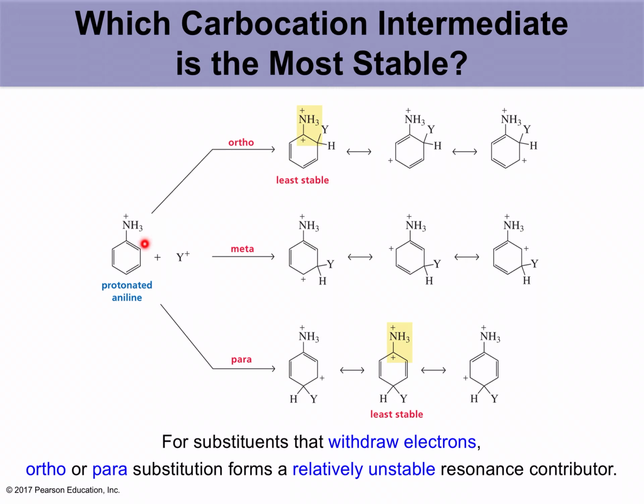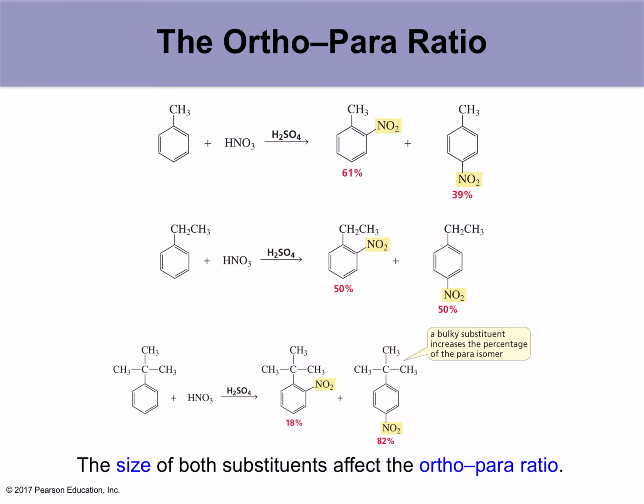So the protonated aniline will be a meta-director. For substituents that withdraw electrons, ortho or para substitution forms a relatively unstable resonance contributor. As a result, they would be meta-directors.